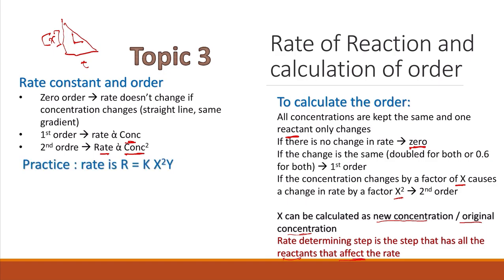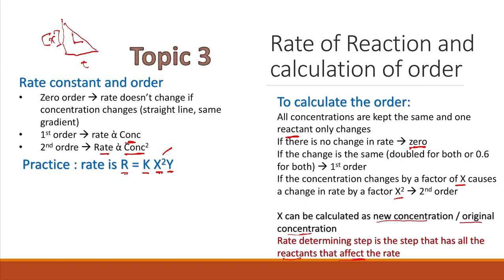So let's practice how to do this calculation, because they would give you a table and ask you to calculate the rate with the changing concentrations of the reactants. We have now the rate equals k times X squared times Y. X and Y are two reactants in your equation.